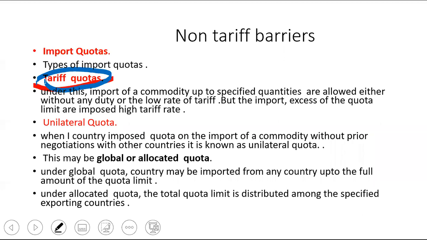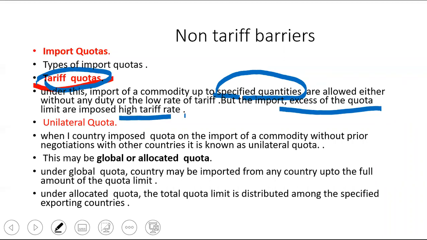So what is tariff quota? Import of a commodity up to specific quantity are allowed either with or without duty or low rate of tariff. But the import excess of the quota are imposed high tariff rate. 3 points are there.